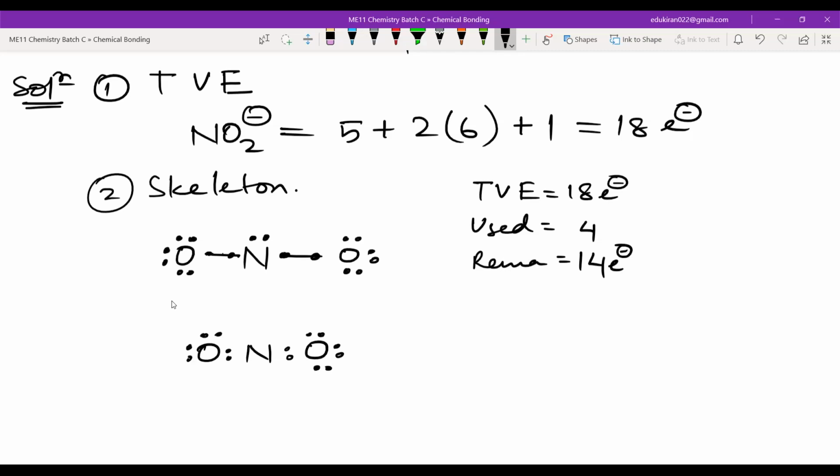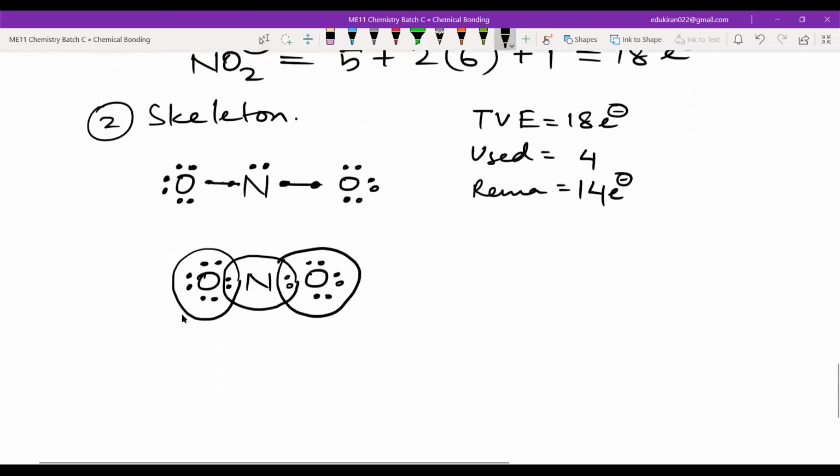This is having 6. Oxygen happy, nitrogen is not happy. Nitrogen is not happy because nitrogen has how much? Nitrogen has only 4 electrons, right? Only 6 electrons in total. It needs 2 more electrons.